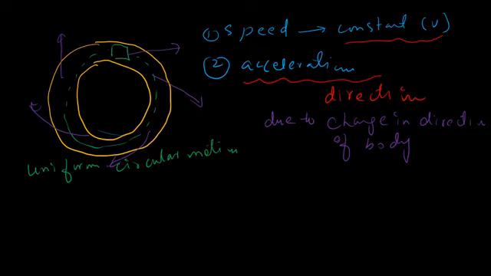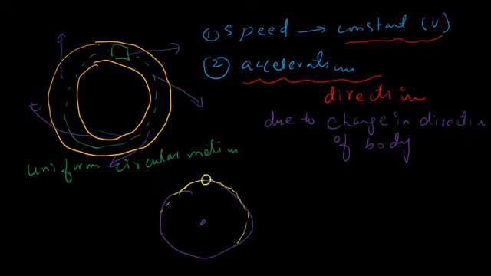Again, let's suppose we have a circular path, that is the circle, and it has a center. Let's suppose the body is moving in the circular path with a constant, uniform speed.